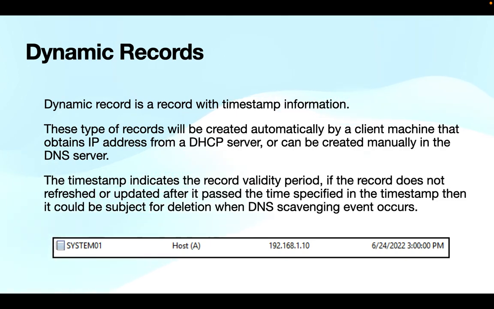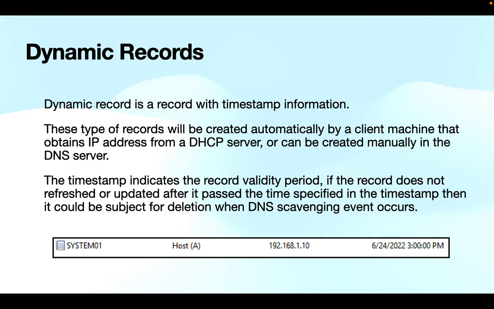If the record is not refreshed or updated after it passes the time specified in the timestamp, then it could be subject to deletion. As I said, when the record is not refreshed or updated after it passes the time specified in the timestamp, that record could be deleted.